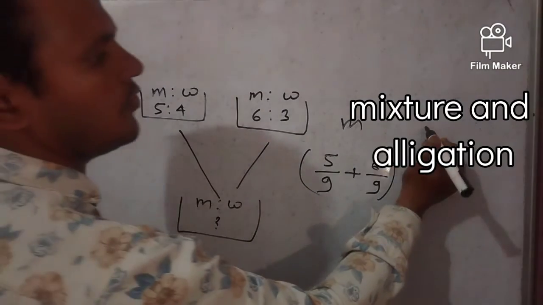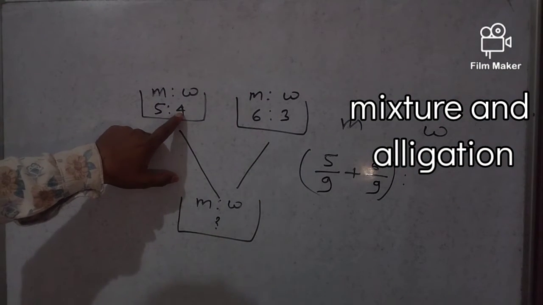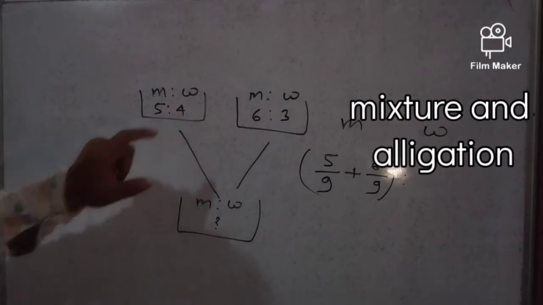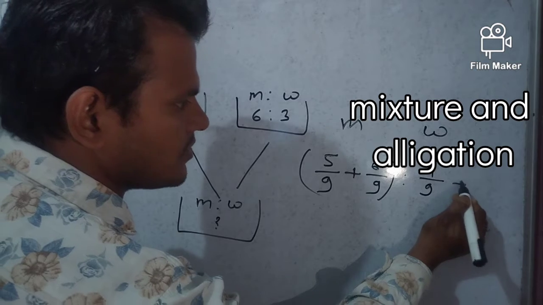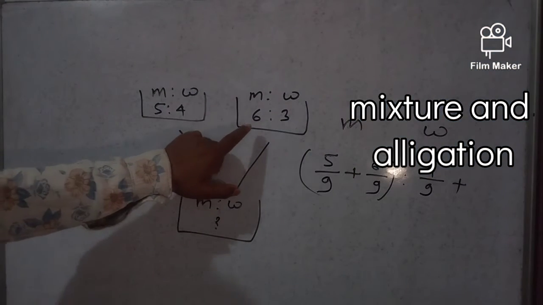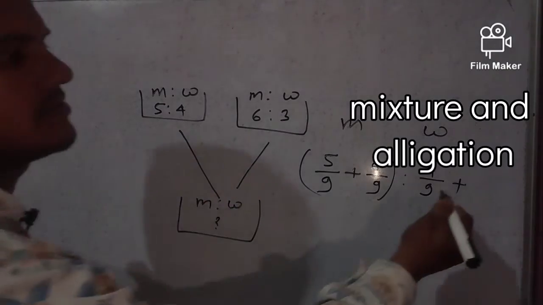Ratio of water will be: 5 plus 4 is 9, so water is 4 out of 9. In the second container, 6 plus 3 is 9, water is 3 out of 9.